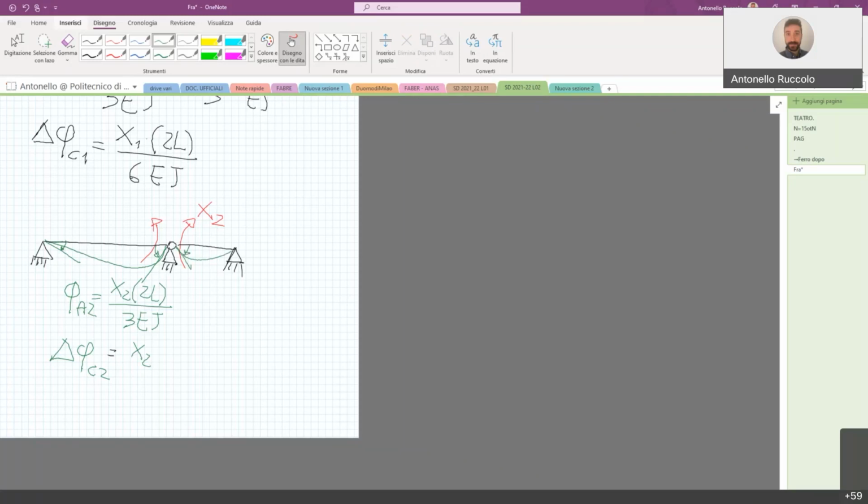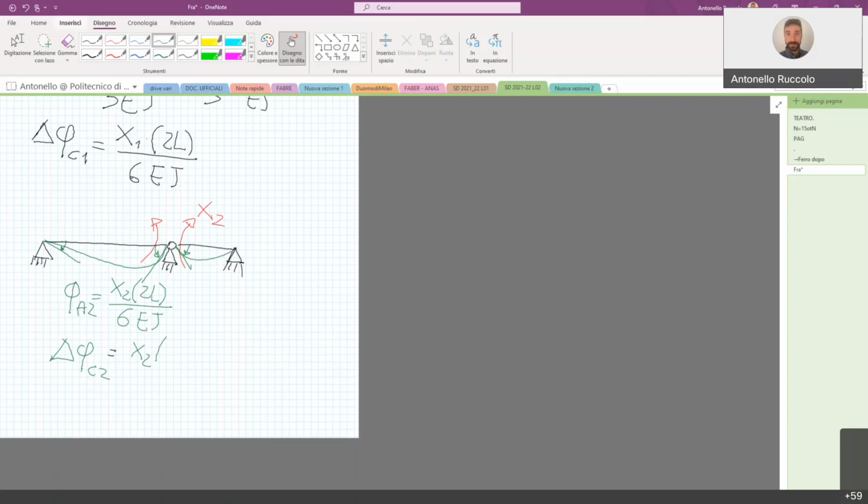We have the rotation in the beam AC, which is equal to x2 times, anyone wants to guess? Ah, there is a mistake. This is not 3 iota, but it is 6 iota, because it is rotation on the other node, on the second node where the bending moment is not applied, but it is the opposite one.